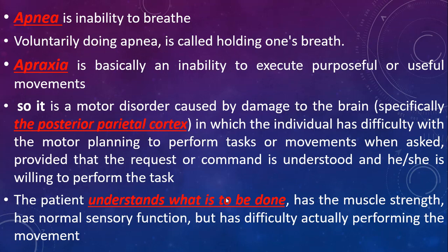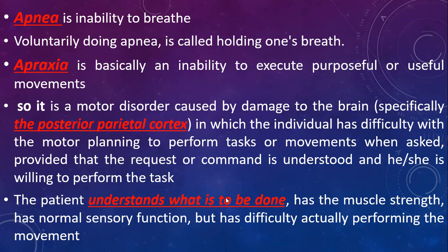So it is a motor disorder caused by damage to the brain, specifically the posterior parietal cortex, in which the individual has difficulty with motor planning to perform tasks or movements when asked, provided that the request or command is understood and he or she is willing to perform it.